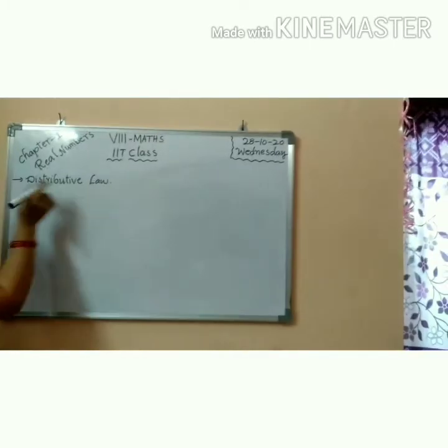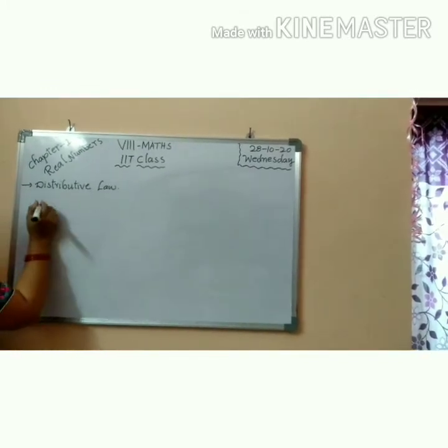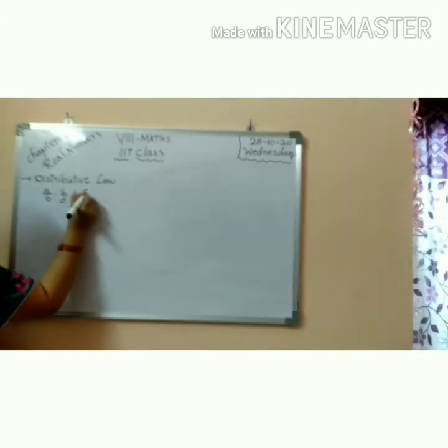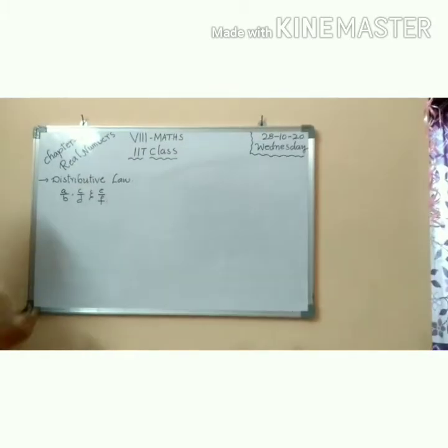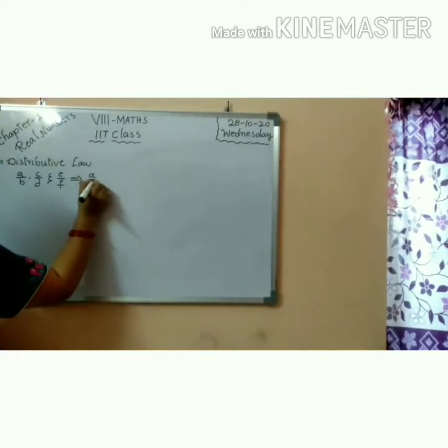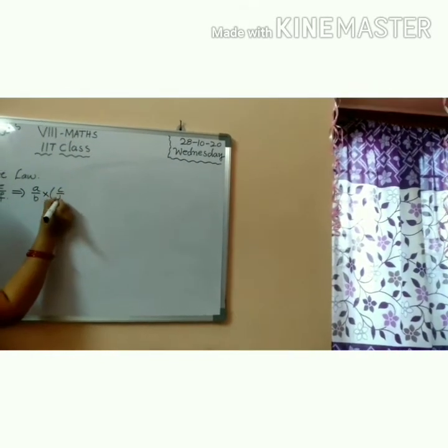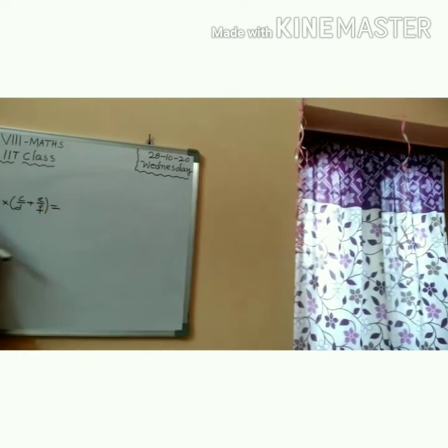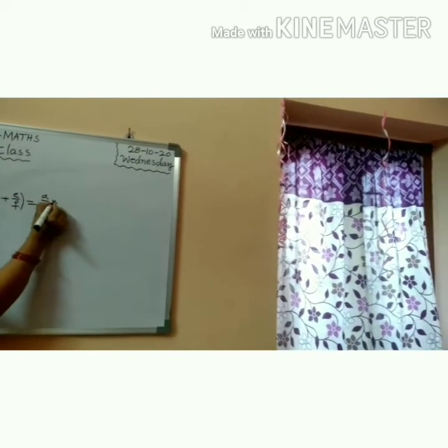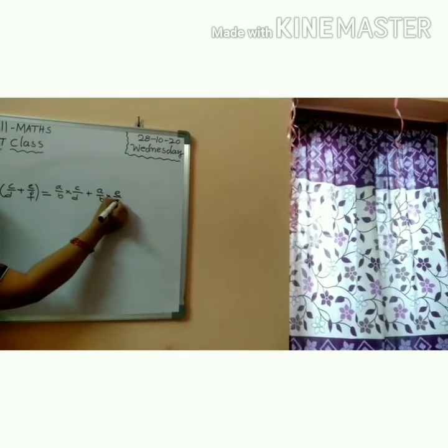In this case, take any three rational numbers a/b, c/d and e/f, such that a/b × (c/d + e/f) is equal to a/b × c/d plus a/b × e/f.